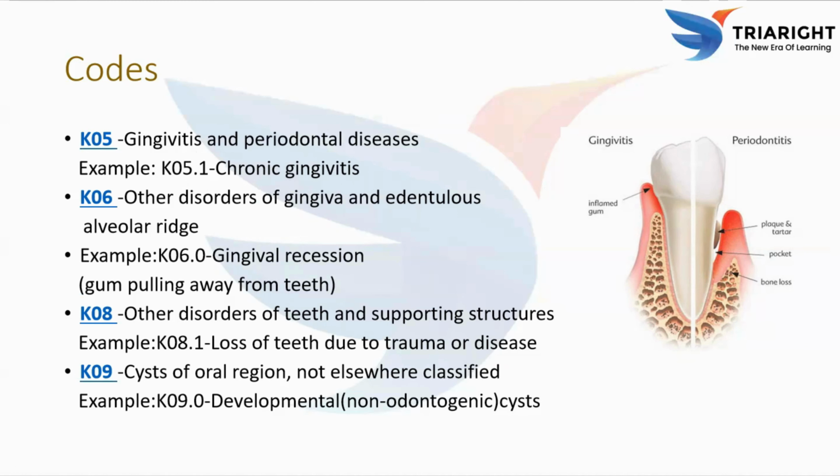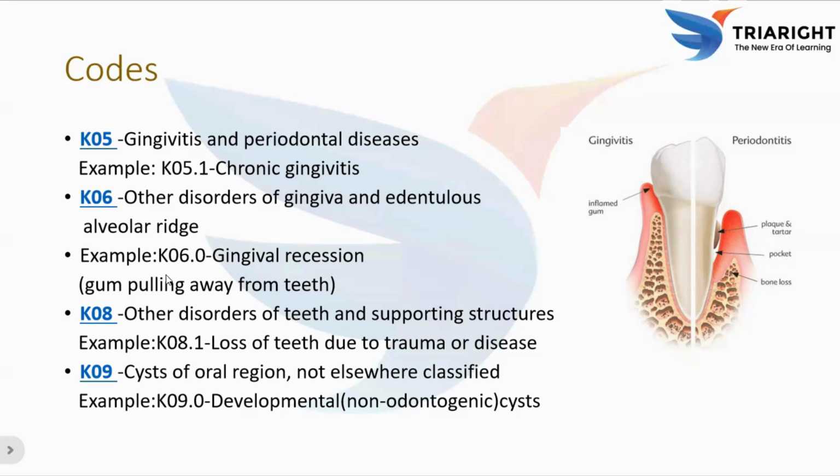Then coming to the K06 code, this indicates other disorders of the gingiva and edentulous alveolar ridge. What does this code represent? This covers gum tissue disorders that are not related to gingivitis. So diseases other than gingivitis are included in the code range of K06. You are getting my point, right?